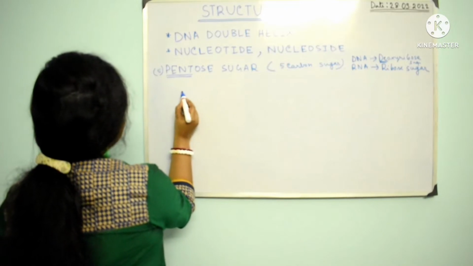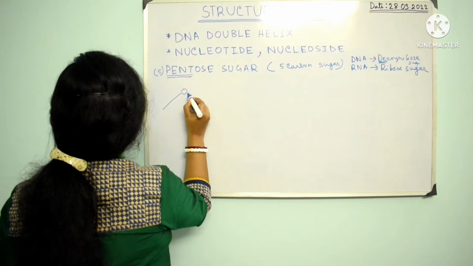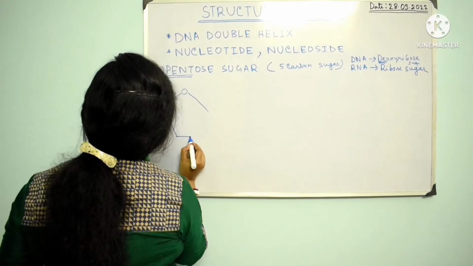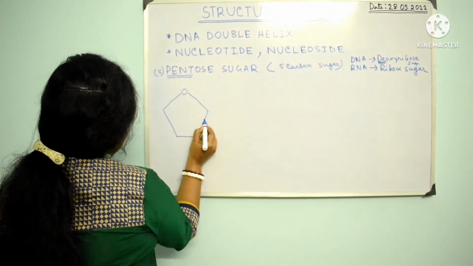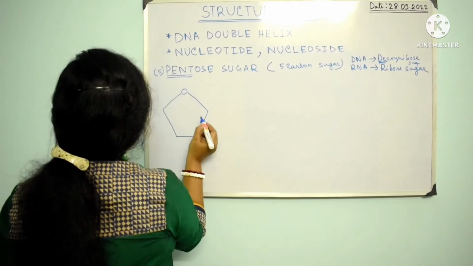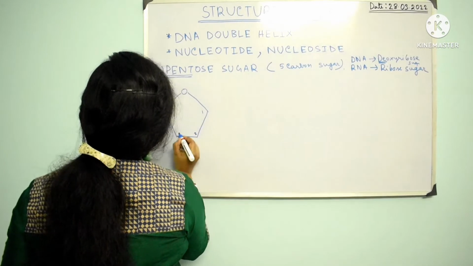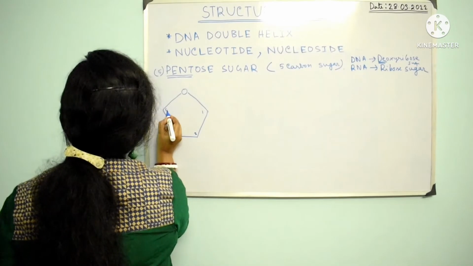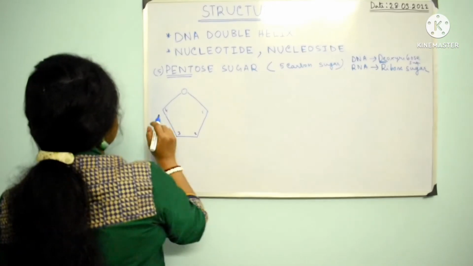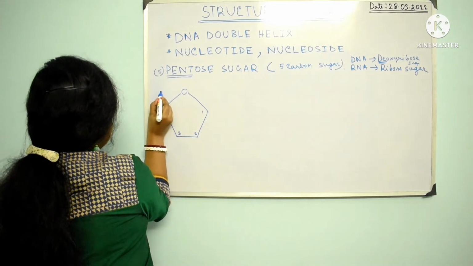Pentose sugar. It is a pentameric structure. This is a pentamer, and here is carbon number 1, carbon number 2, 3, 4 and the fifth carbon is present here.